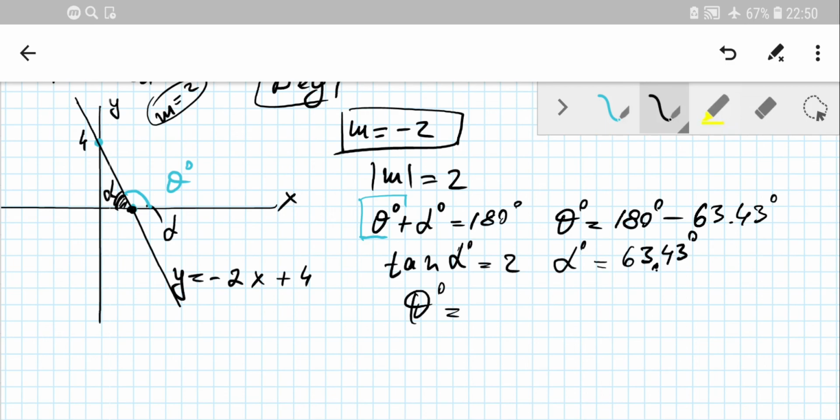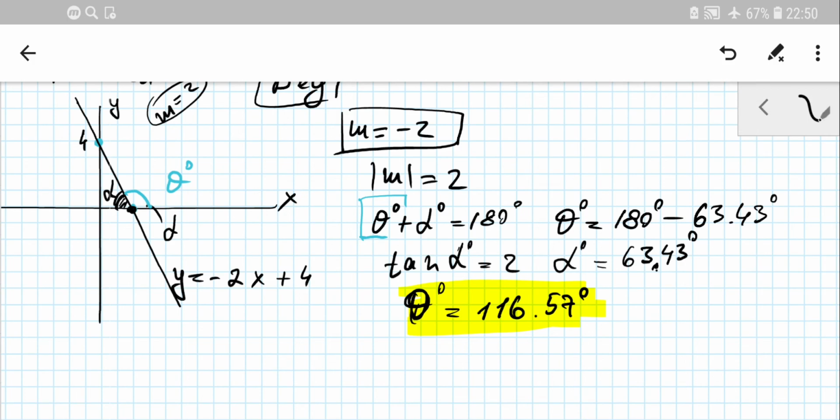So theta is 116.57 degrees approximately. That's how you can easily cope with negative gradients and figure out the actual angle.